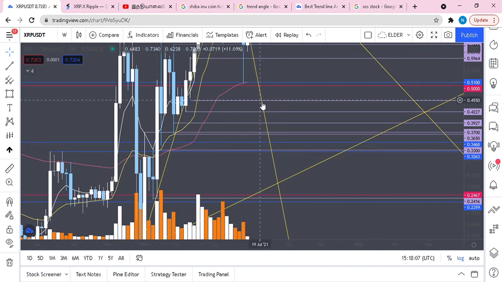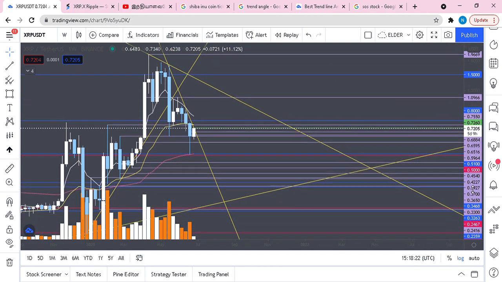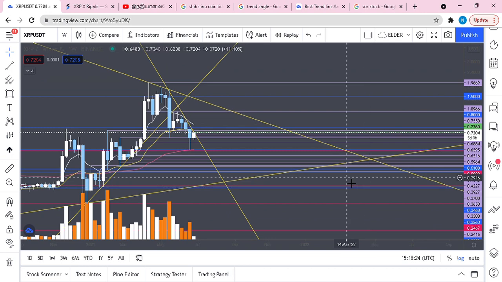So now it has to come down here to retest this level right here, and then when it goes up it will have enough capacity to break this wedge, because this is the bigger wedge that formed when the market came down right here.